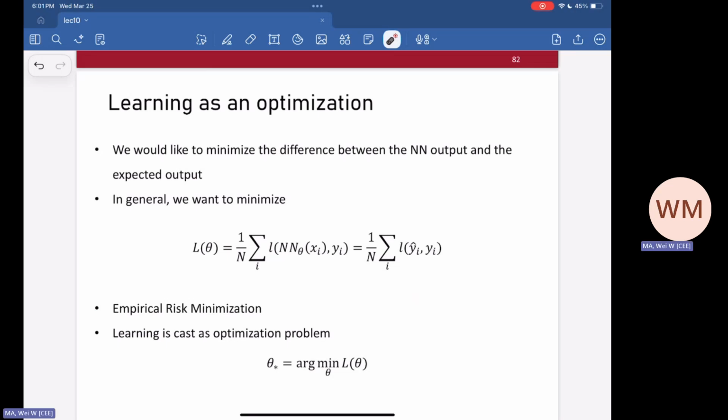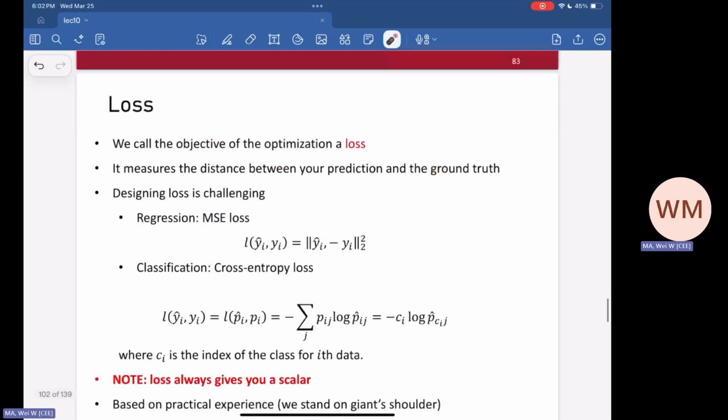So we want to solve an optimization problem, and then we find the parameter theta. We call this objective a loss.